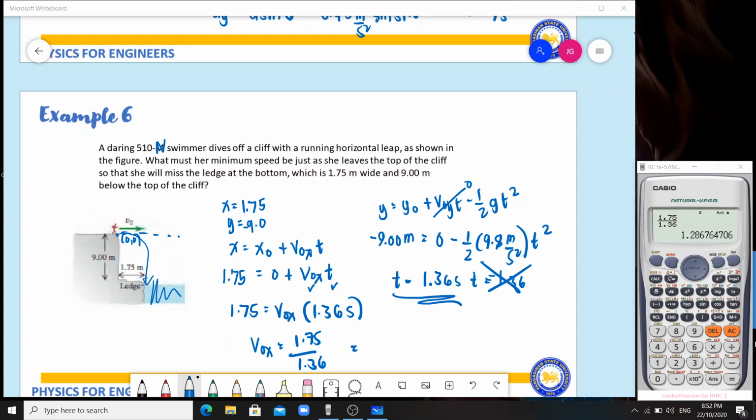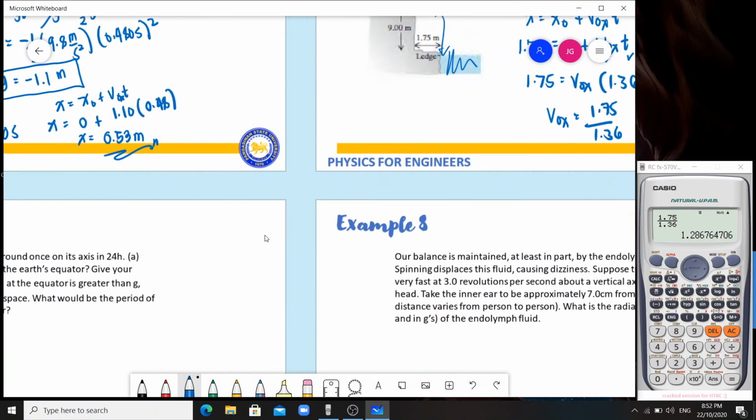Okay. 1.29 meters per second. So, ito dapat yung horizontal speed or minimum speed niya para hindi siya tumama dun sa kanto. Okay? So, next, let's proceed to example number 7.